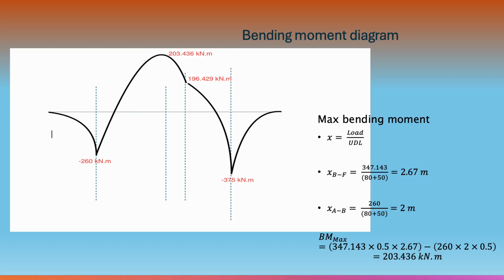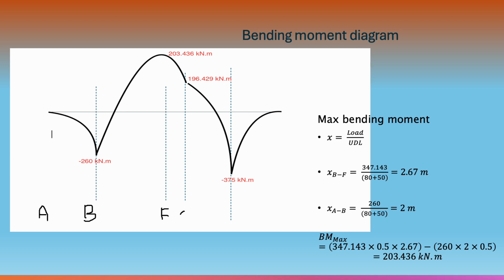The bending moment diagram. We've got our points that we need to first note. Let's use that. Our point number B, point number B and point number F. Point number A will be the start of the bending moment.